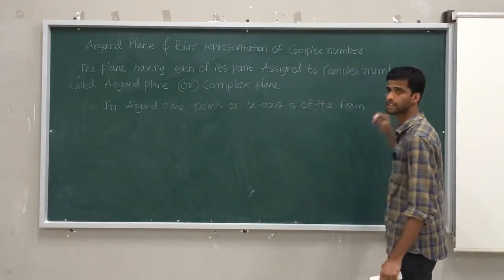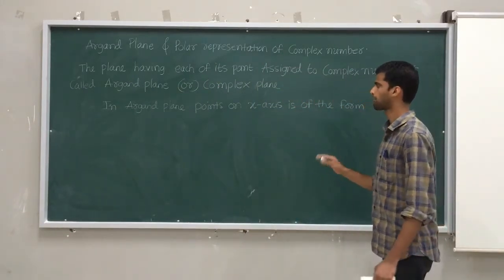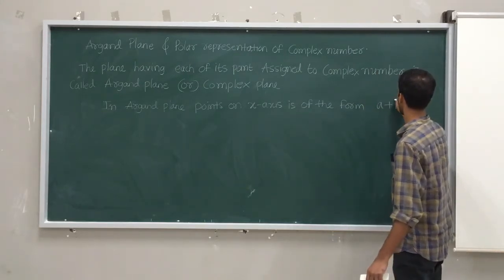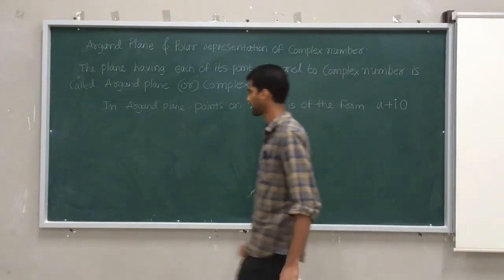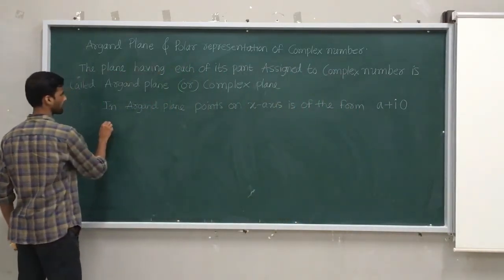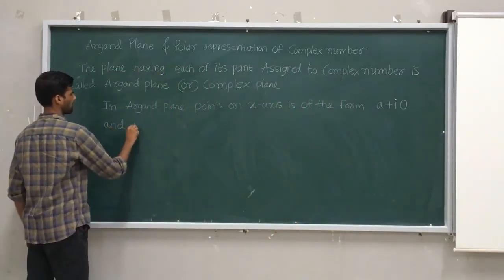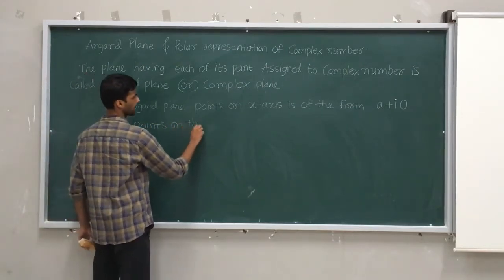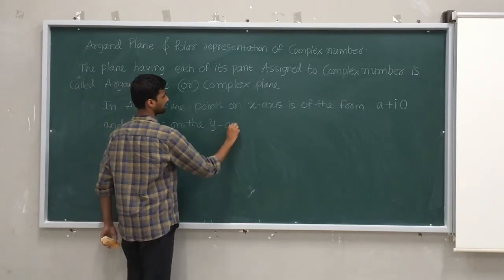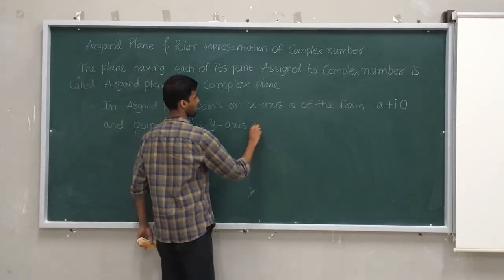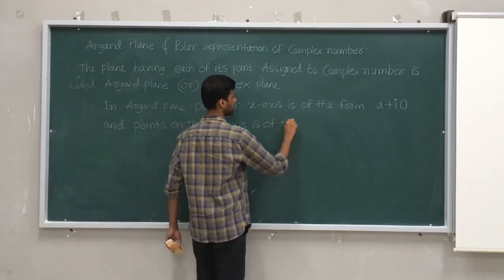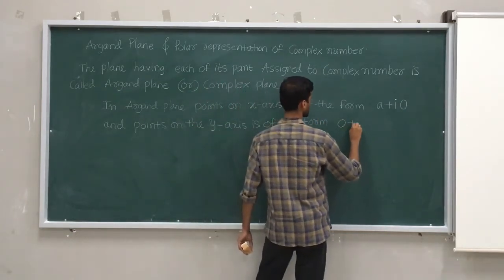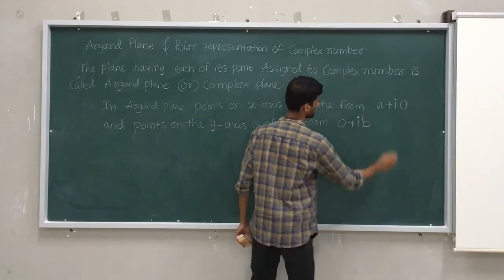Therefore, if I take a plus ib as a complex number, in Argand plane points on the x-axis are of the form a plus i into 0, and points on the y-axis are of the form 0 plus i into b.